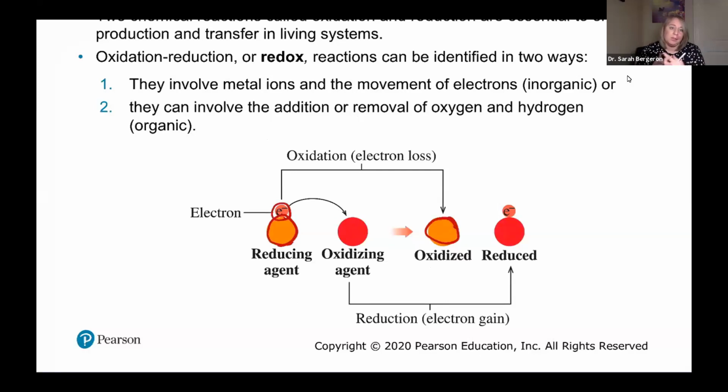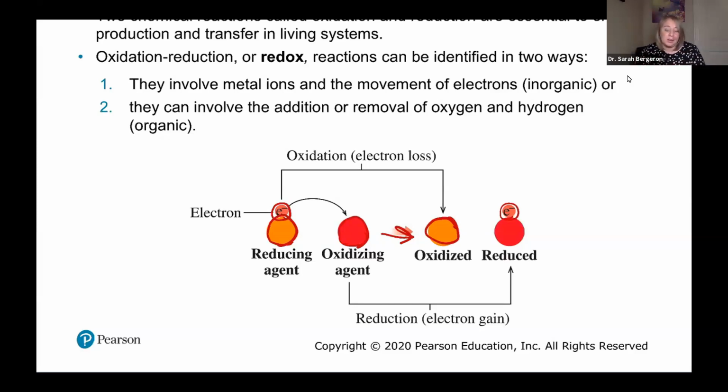You don't really lose it. You can still find it because it got transferred to the other substance. The red circle picks up the electron. It didn't have an electron before, and after the reaction is over, now the red substance has the electron. So the substance that loses that electron, that's the oxidation reaction.